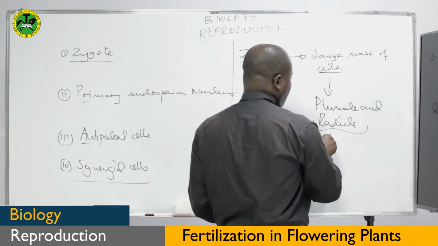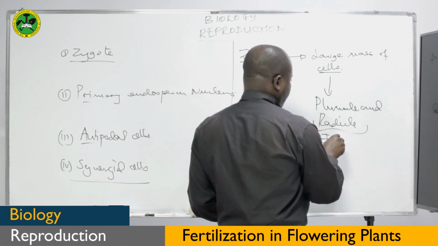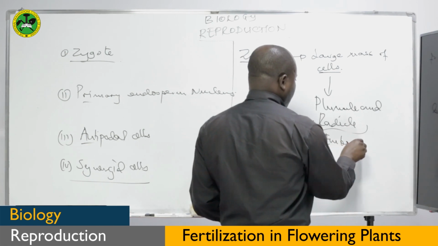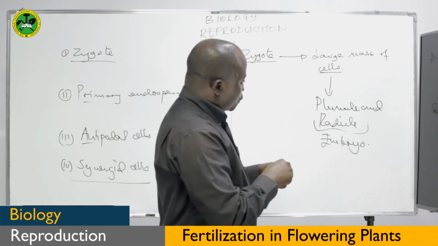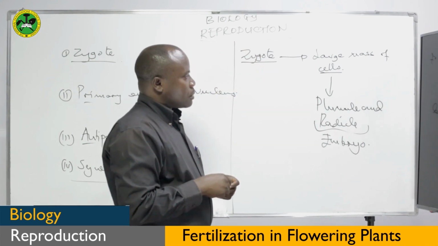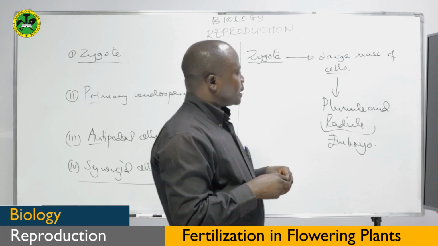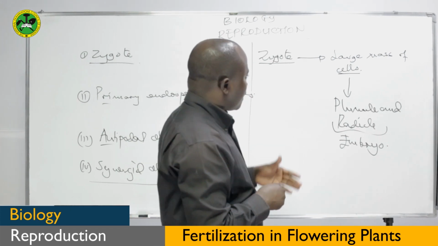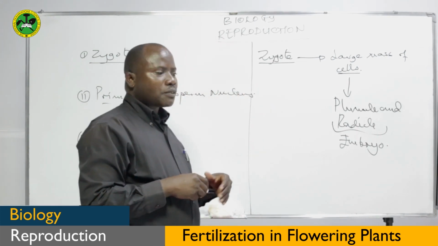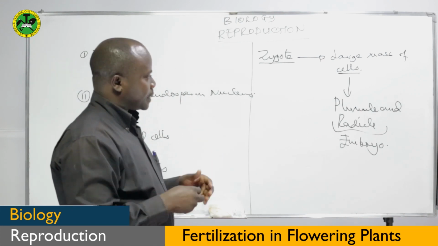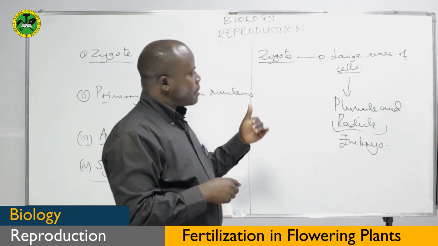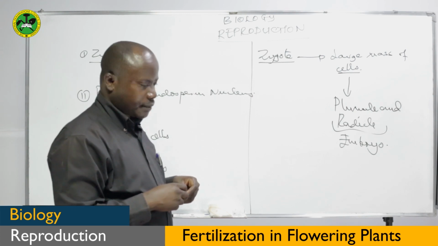These form what we call the embryo. To produce the plumule and the radicle requires, as I've said, cell differentiation. Therefore, what is needed here, you'll have to describe developmental changes leading to formation of the embryo from the zygote.